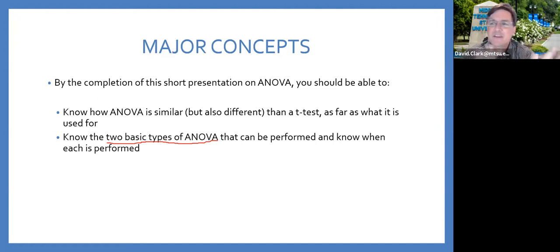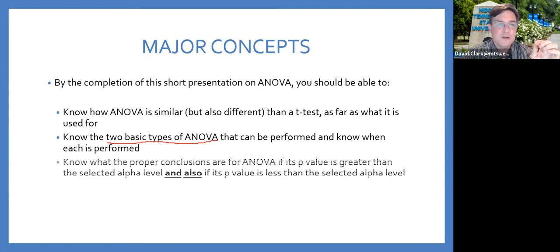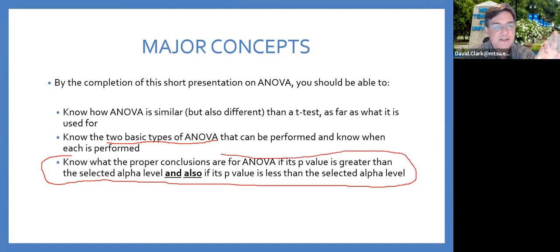The math, Excel will do that for you, okay? So don't sweat that, but knowing what types of ANOVA or what types of t-test are used is more important. You're going to know the proper conclusions. This might be the most important thing in the whole deal for both ANOVA and t-test, is knowing what you're supposed to conclude.